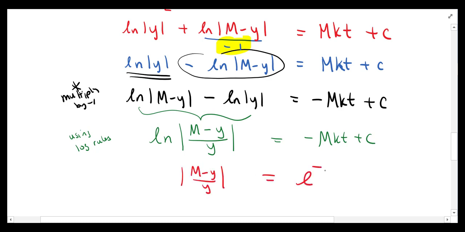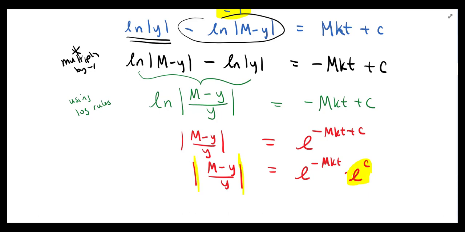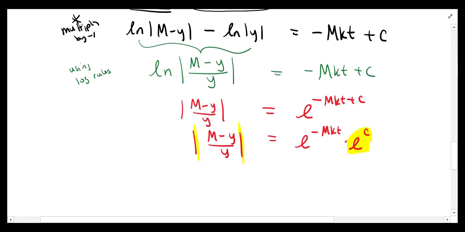And this is now e to the negative mkt plus c. And as I e both sides, remember I can now separate the right-hand side into e to the negative mkt times e to the c. And then I can combine that e to the c with the absolute value to make a brand new constant, which I'll just call c. So, m minus y over y equals c e to the negative mkt.